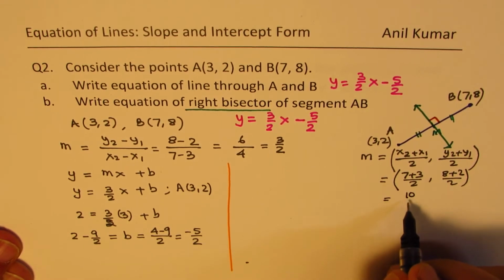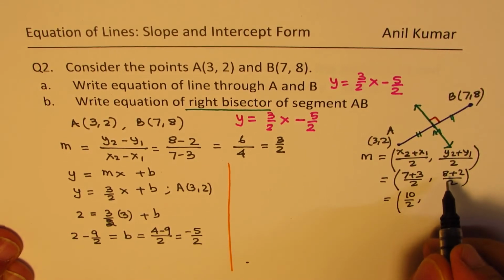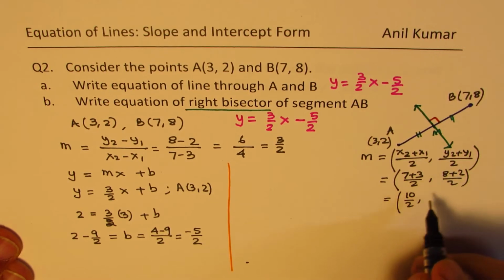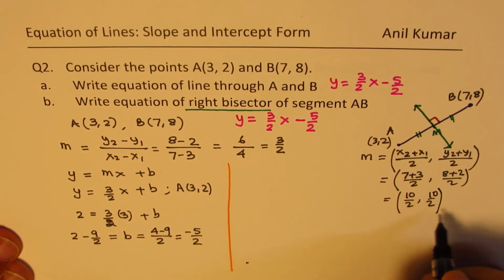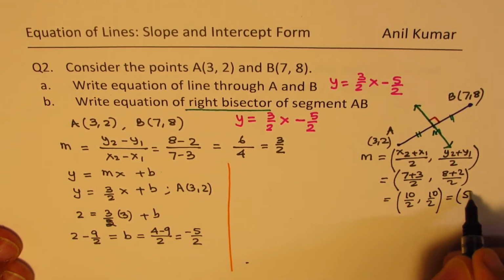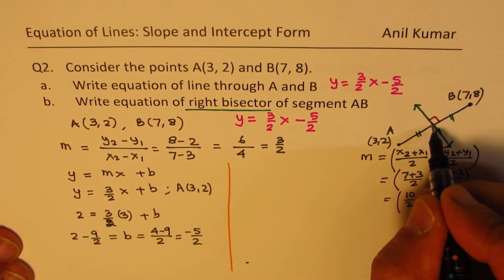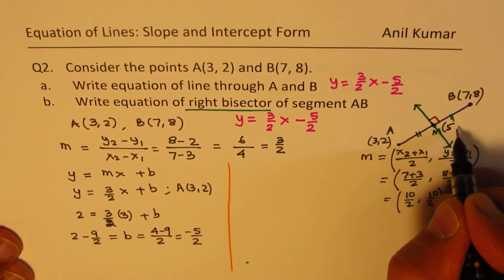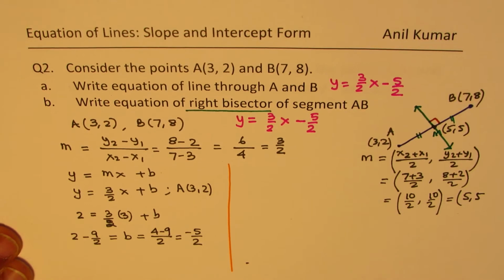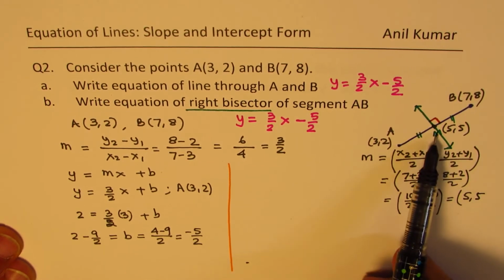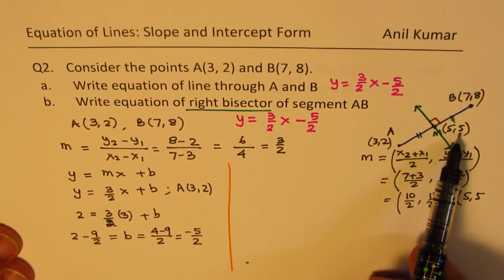That is to say 10 over 2, and that is also 10 over 2. So we get a point which is (5, 5). So the midpoint in this case is (5, 5), right? So the line has to pass through the point M, which is (5, 5).